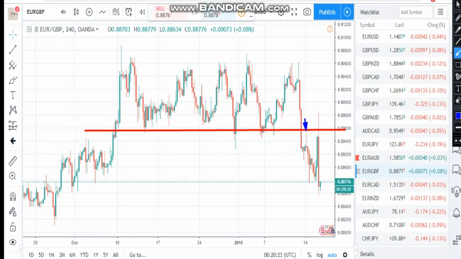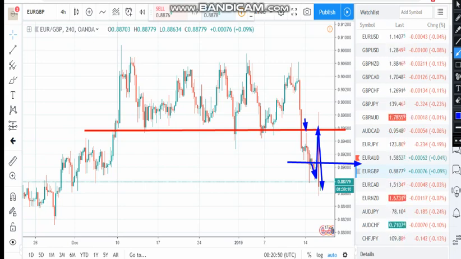Then what we experienced was that in the first 8 hours price moved around 10 to 15 pips in the money and then came back, triggering our stop at 0.8954, and currently it's now back in profit around 30 pips.